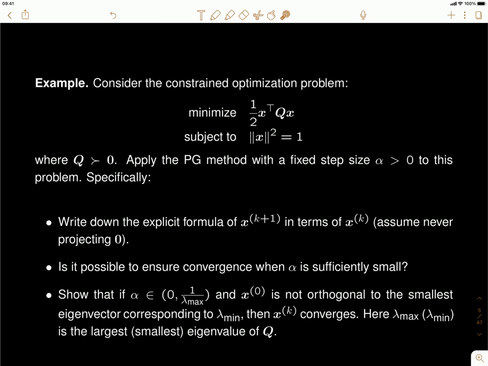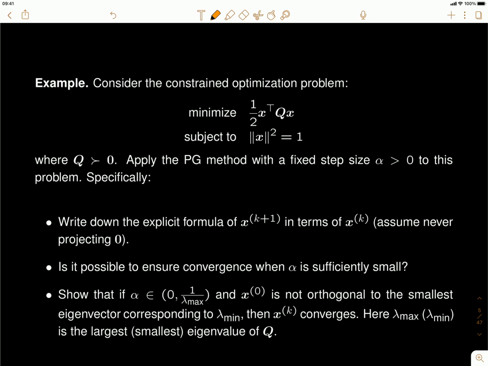But we can still consider applying the projected gradient method to this optimization problem. So let's assume that Q is a positive definite matrix, and suppose we're going to use a fixed step size alpha. Then let's see what this projected gradient method is doing.